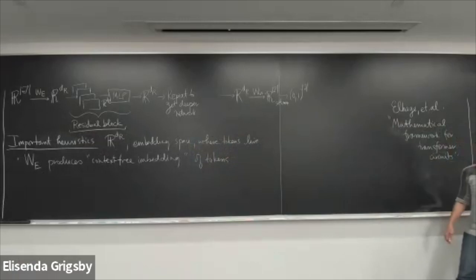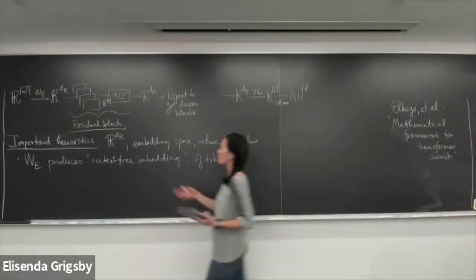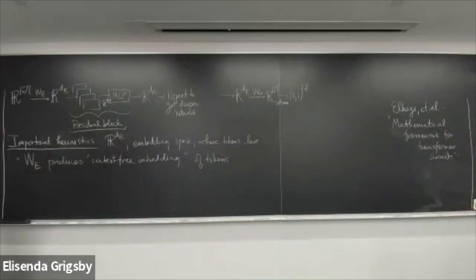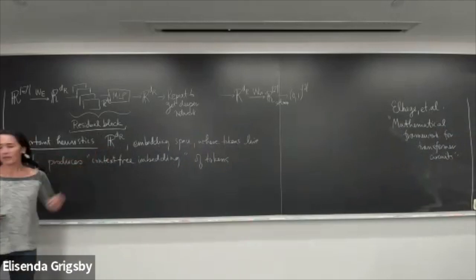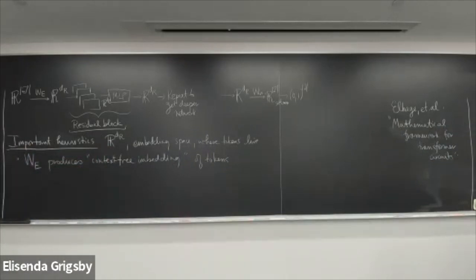Somehow it's believed, and it's certainly used as a heuristic, that some of the geometry of this residual space, this embedding space, actually captures relationships between tokens. When I say context-free, I mean before you started attending to other tokens or taking anything into account about the actual sequence you're feeding into the transformer.